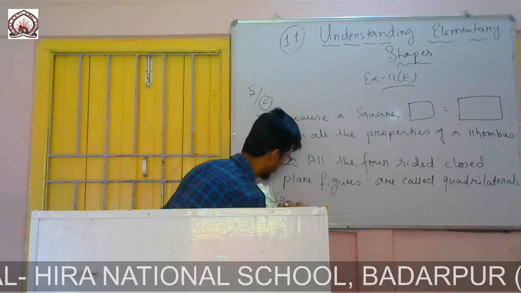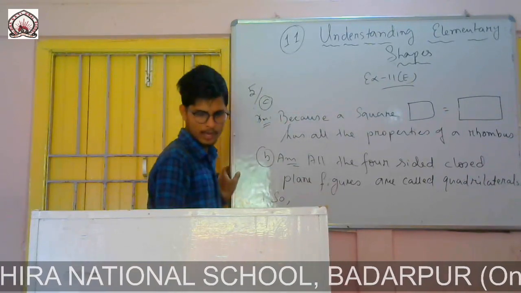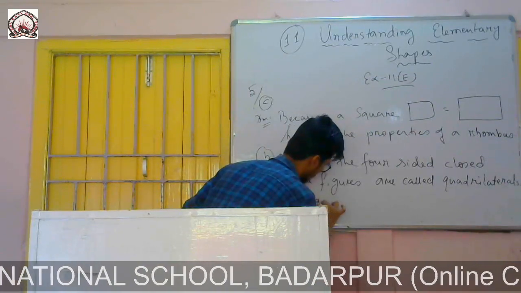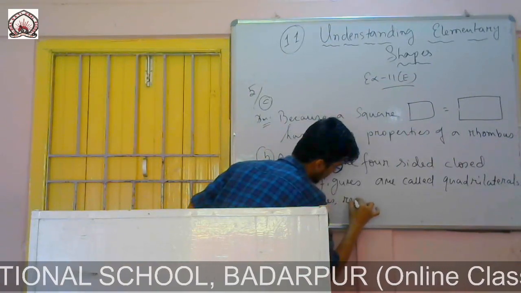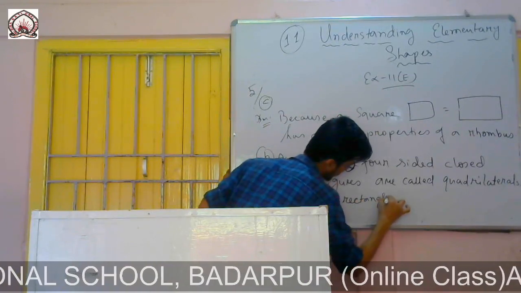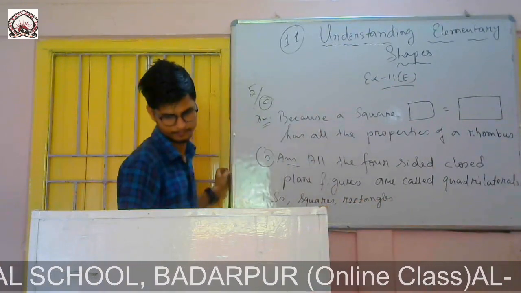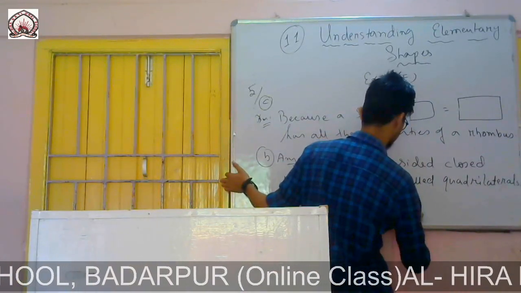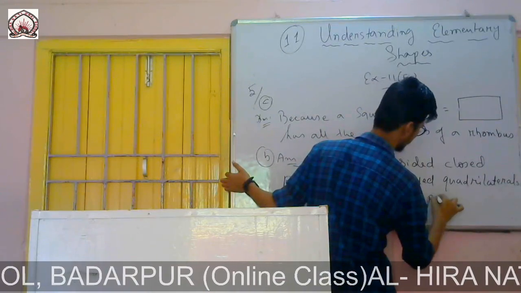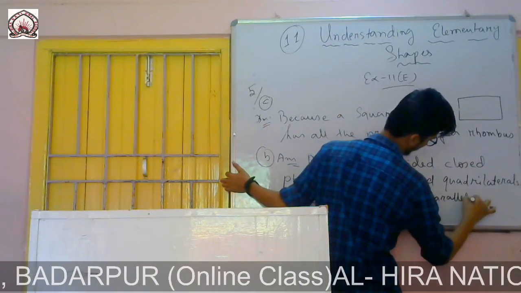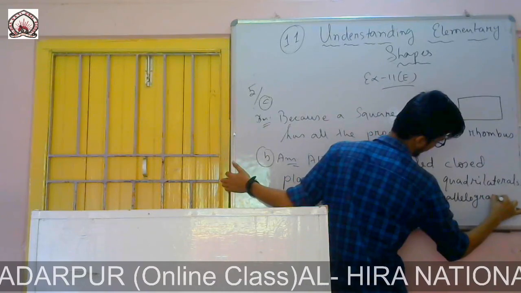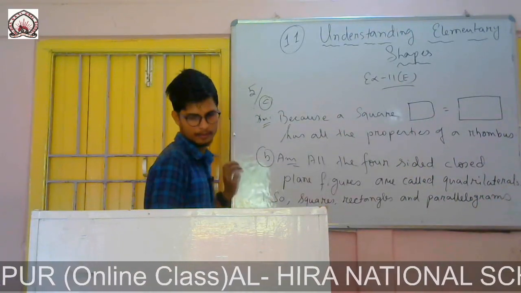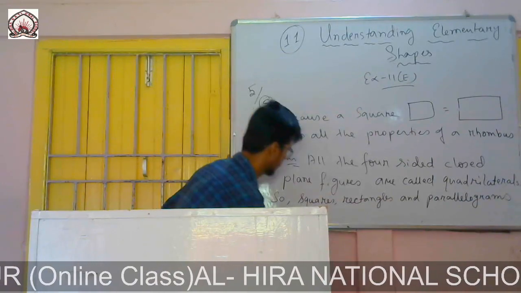So squares, rectangles and parallelograms are all quadrilaterals.